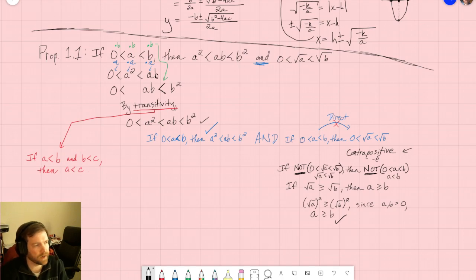So finding the square root of a squared, like that, is then just going to be a, because those are inverse operations of each other.